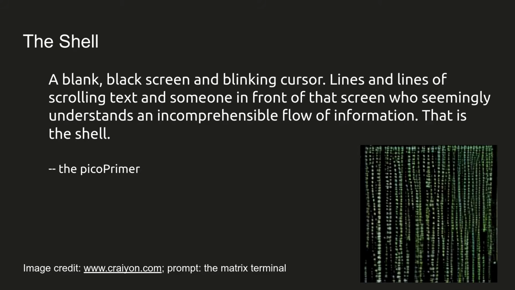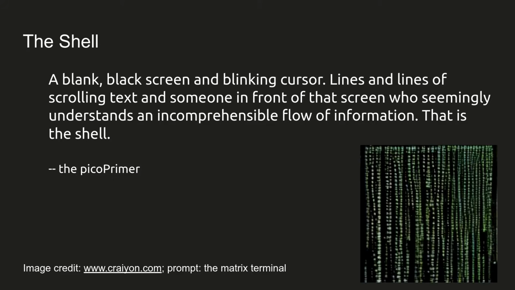That was taken from the Pico primer, and it makes me think of The Matrix again, where one of the people is looking at a computer screen filled with green text just flowing down.